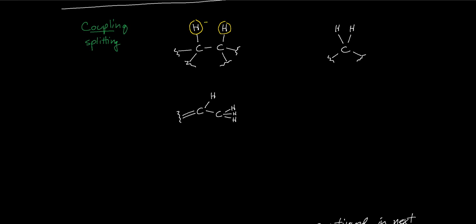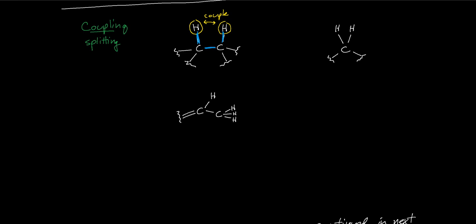These hydrogens couple each other. Coupling actually occurs through bonds rather than through space, like this arrow implies. So the real coupling is occurring through these 3 bonds. 3 bonds is close enough for these hydrogens to couple each other.